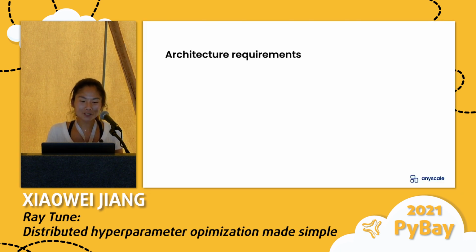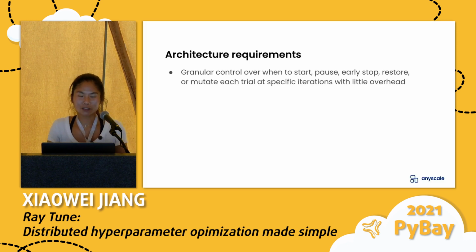And why do we spend time going over these algorithms? One point I really want to make is that we want to understand what architecture requirements are imposed by these algorithms, and what kind of system we need to build in order to support all of them, so that we can support efficient HPO.